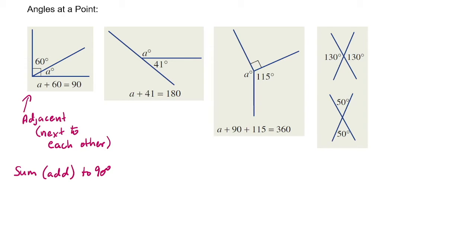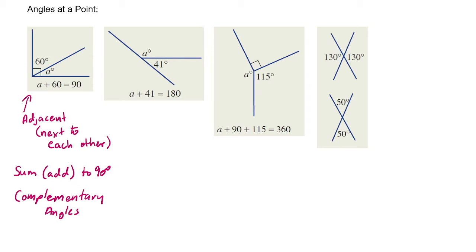And that makes these guys complementary angles. And no, I don't mean they go around saying, hey, you look good. Not that kind of compliment. They are complementary with an E instead of an I.